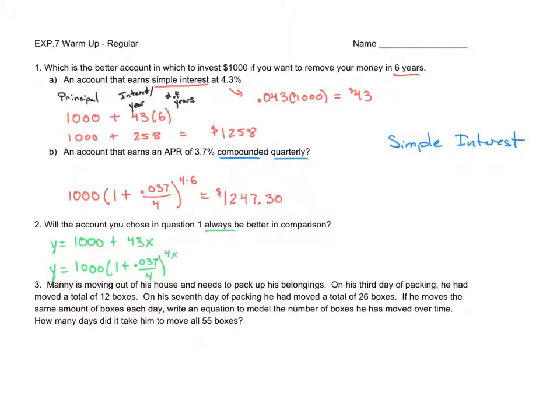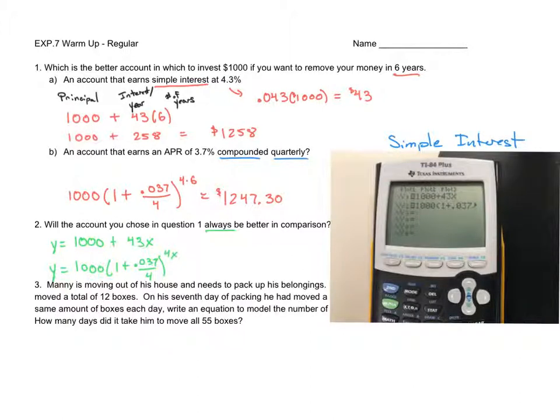So I would go into y1 in your graphing calculator and enter your simple interest, and y2 and enter your compound interest. What we'll be looking for is how those values change over time. We have a pretty good idea that the compound interest will likely overtake the simple interest. It's just a matter of when.